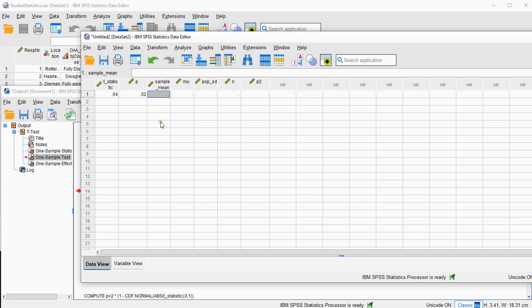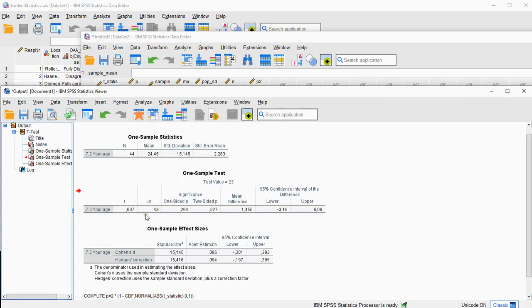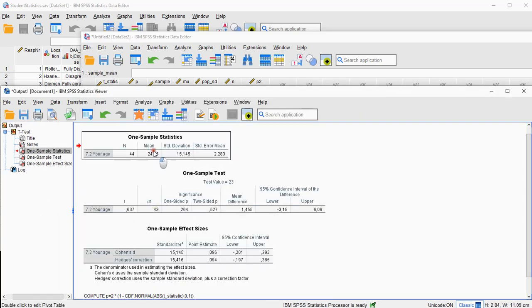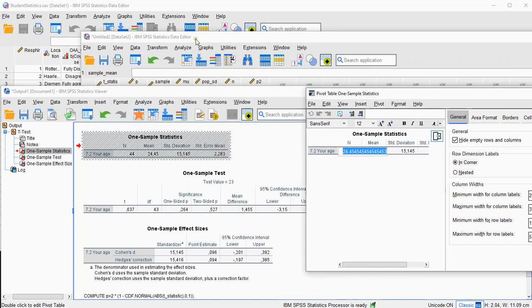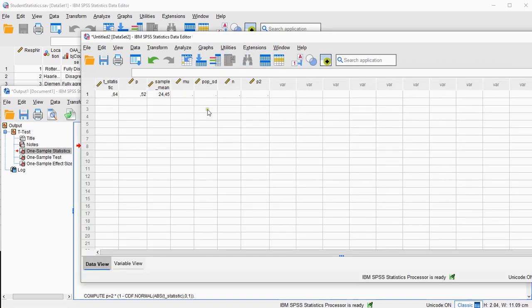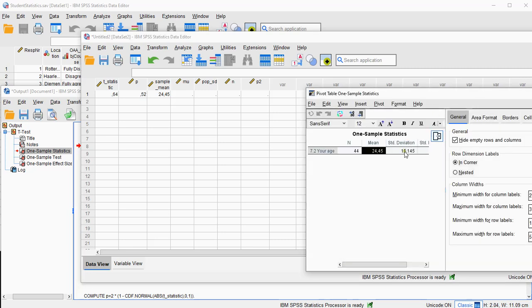For the other version, if you do know the population standard deviation and you really want to use that, what you can fill out is the sample mean. So again, I can use the one sample statistics here, copy, and paste that as my sample mean. Then I go back to do the same for the standard deviation.